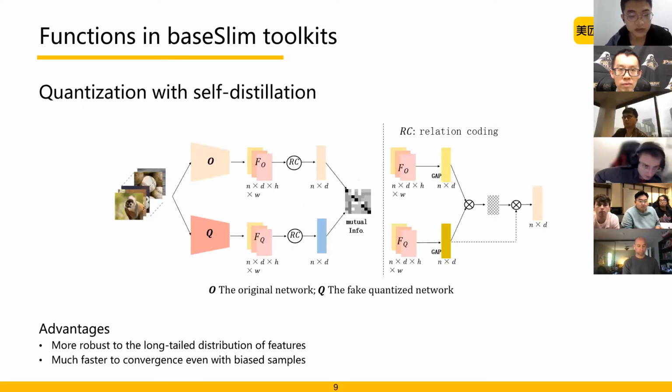Firstly, we use quantization with self-distillation. The teacher model is the original network, and the student model is the fake quantized network. It is more robust to the long-tail distribution of features, and converges much faster, even with biased samples.